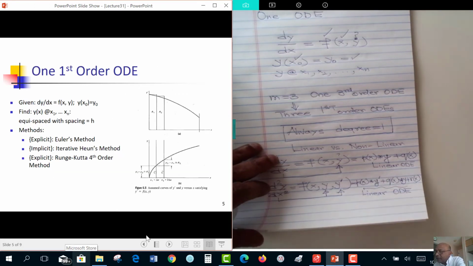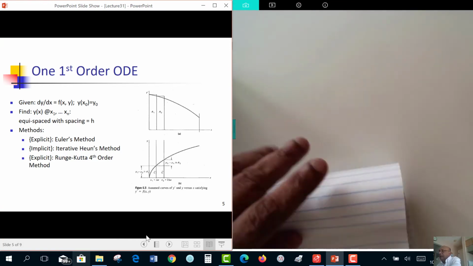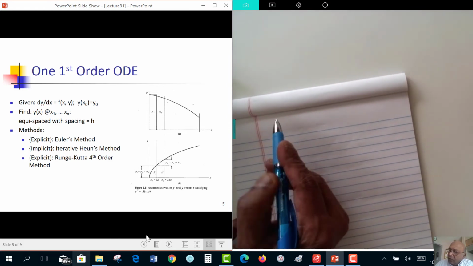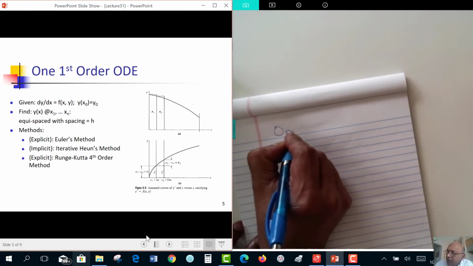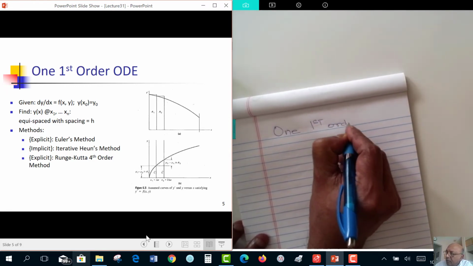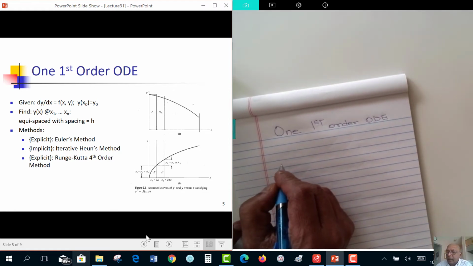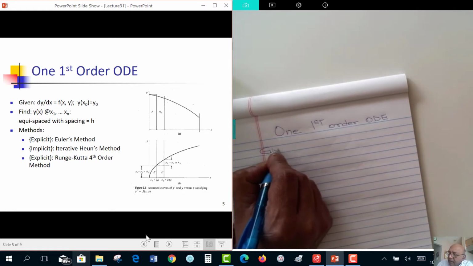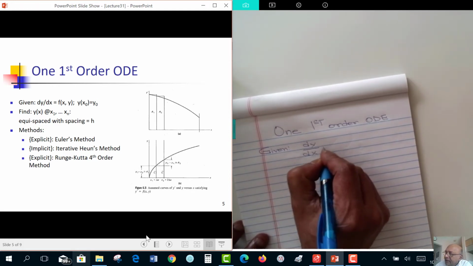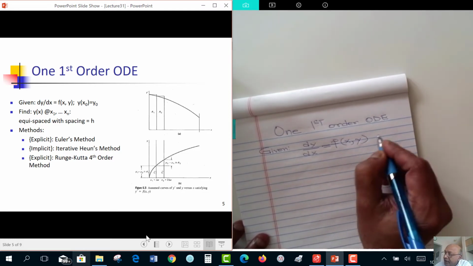Okay, so we are going to start with one first order ODE. We are given that dy dx is a function of x and y, so it could be nonlinear.